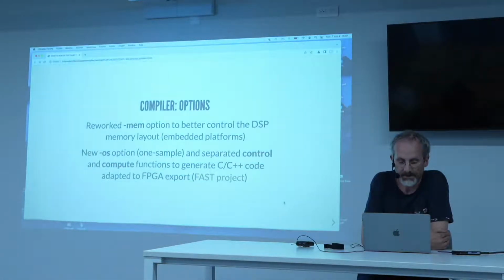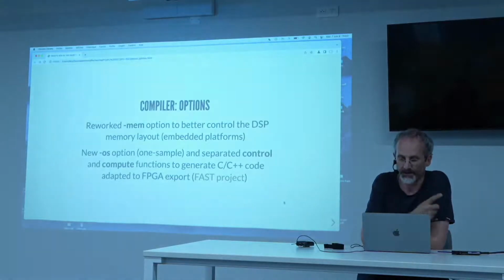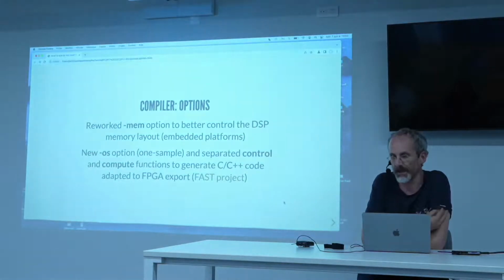And the one sample option is a way to separate control and compute. The regular Faust compiler basically merges the compute and the control, so everything which is computed at each change of control value, basically at block rate.